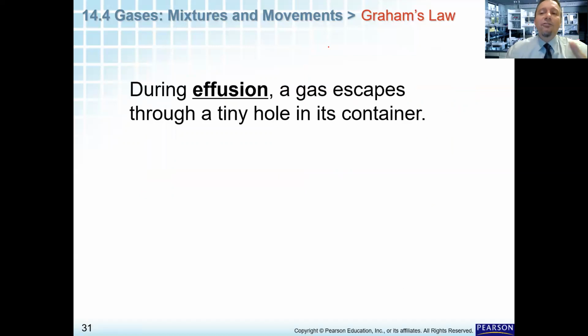So what is effusion? So effusion is the escape of a gas through tiny holes, or we could say pores. So if we were in the classroom, I had a really good demonstration that I was going to do on this. I was going to take a Ziploc bag, and I was going to show you the container that it came in, Ziploc, the world's best bags.